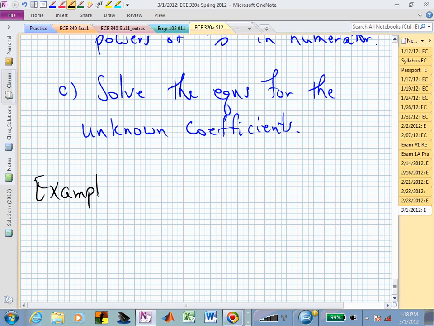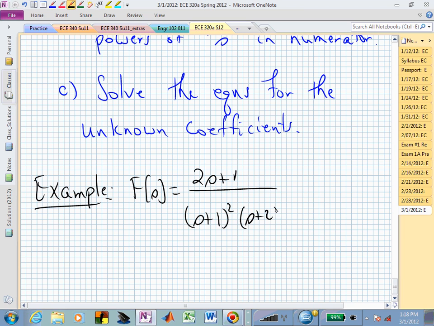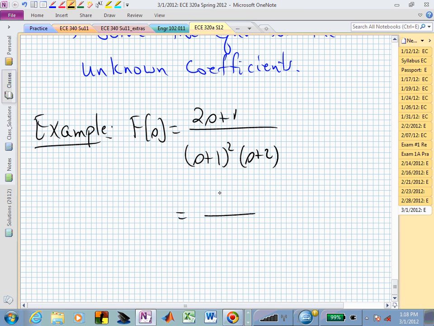Here is our example again. We have F of s equaling 2s plus 1 over s plus 1 squared plus, and that we said was equal to these three terms, an a1 term, an a2, and an a3.